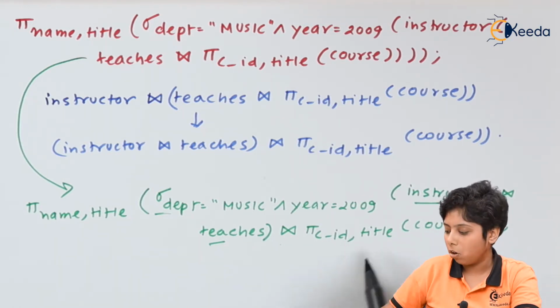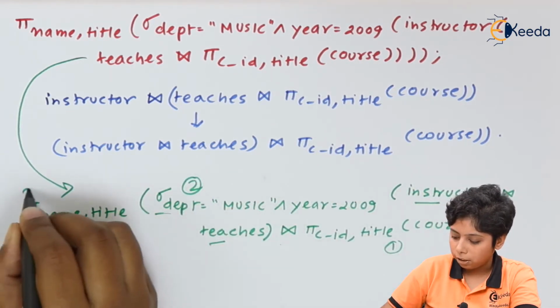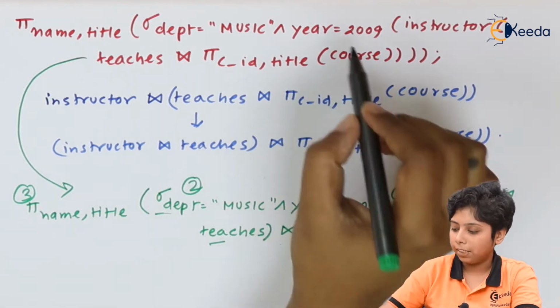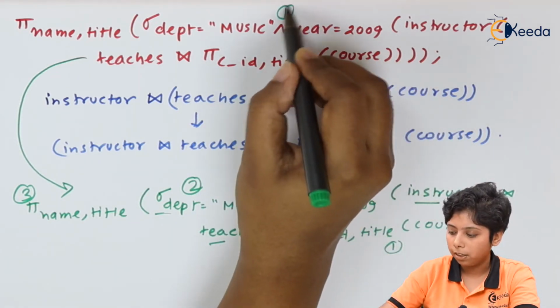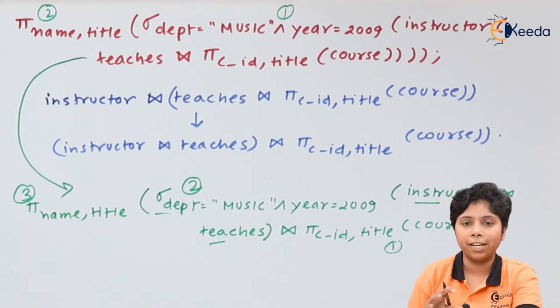So we now have 1, 2 and 3 smaller queries, and in this one we had 1 and 2. So we are breaking it down as much as possible into intermediate operations on the queries so that we can have a better result.